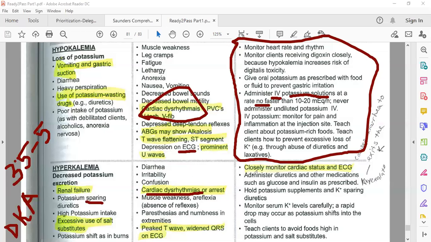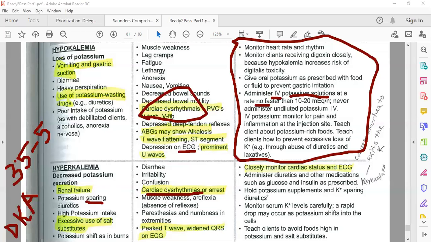So what else? What is our responsibility or intervention? Closely monitor for cardiac arrest, like here, closely monitoring. In both cases, there is a chance of developing dysarrhythmia. Administer diuretics or other medication such as glucose or insulin as prescribed, because DKA is one of the important causes of developing hyperkalemia.